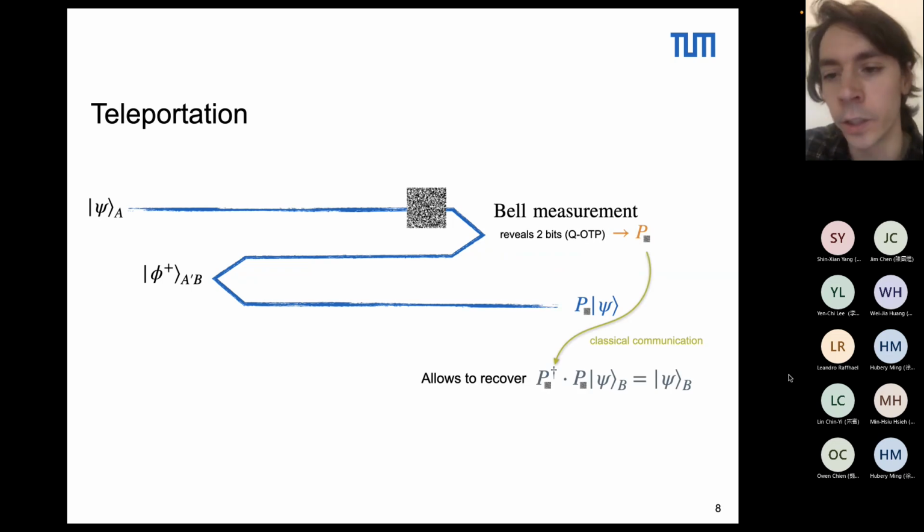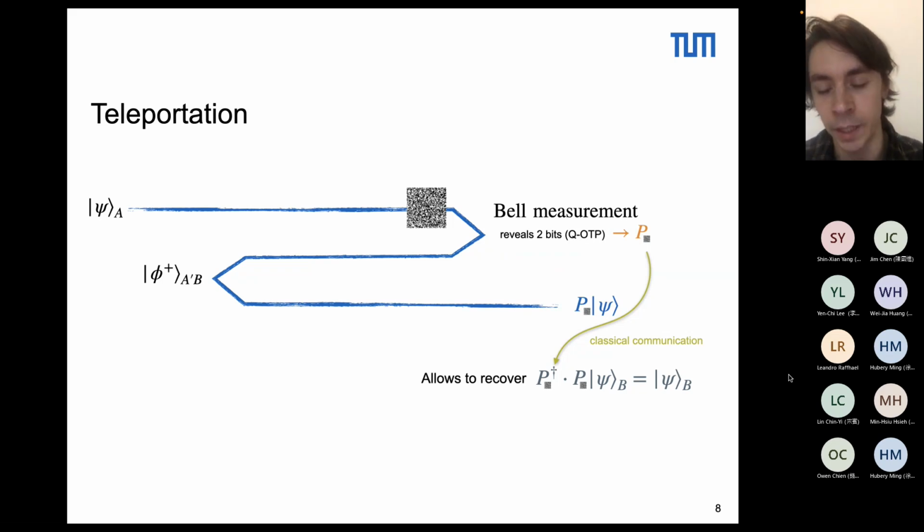Alice calls Bob with classical communication and gives him the Pauli matrix. Then Bob can remove the noise from his qubit and recover the state that Alice sent.